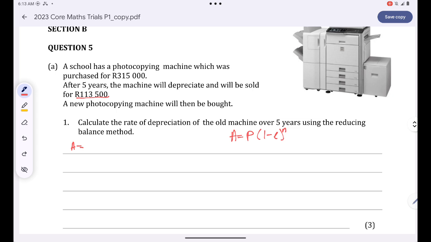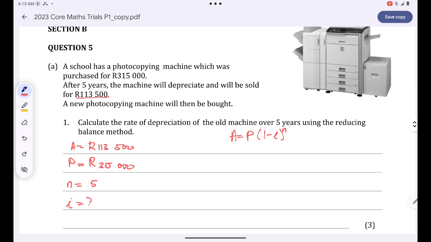The value of the photocopying machine after 5 years, we're told, will be R113,500, but it was bought at R315,000. This depreciation happens for 5 years, so n is also equal to 5.